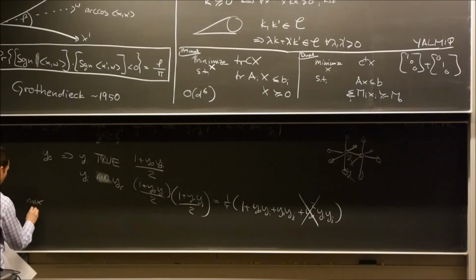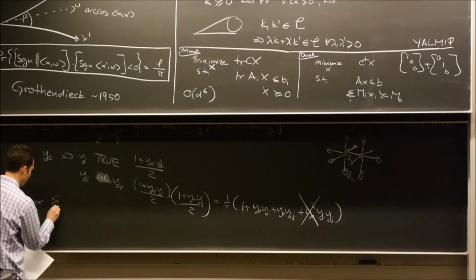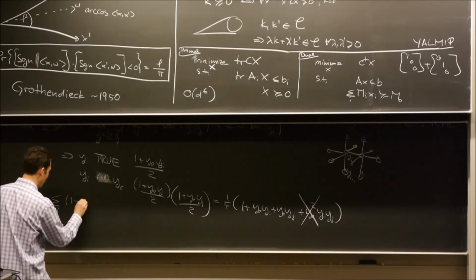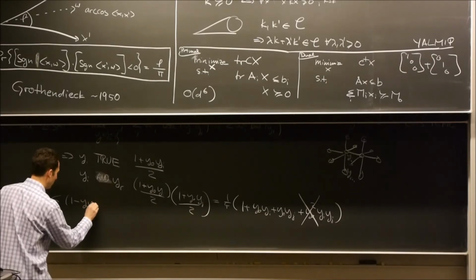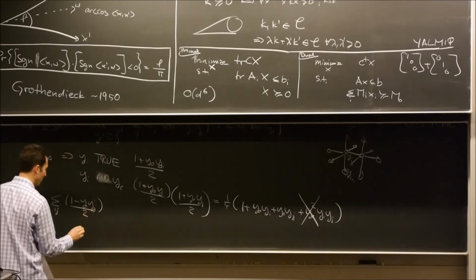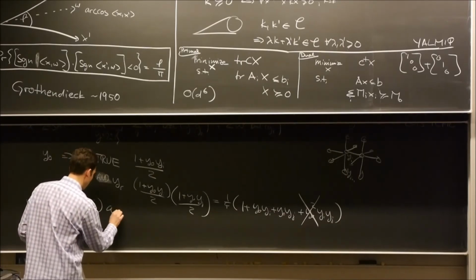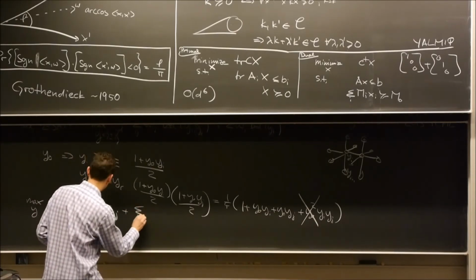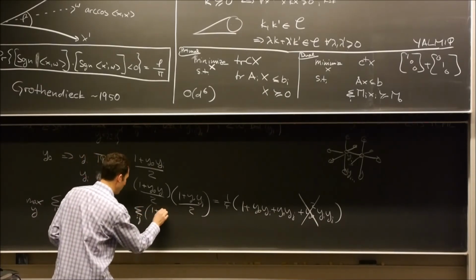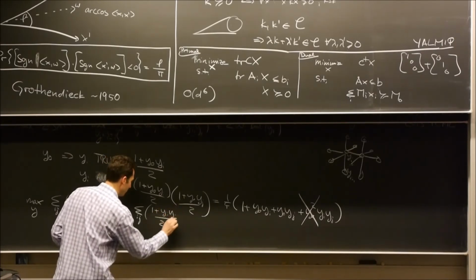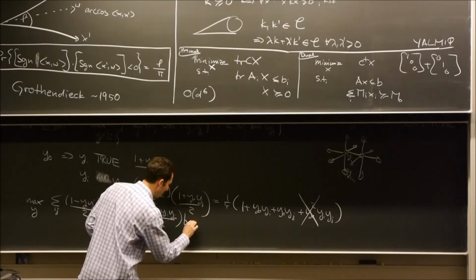We want to maximize over y something of the form sum over i and j of (1 minus yi yj) over 2 times aij, plus sum over i and j of (1 plus yi yj) over 2 times bij.